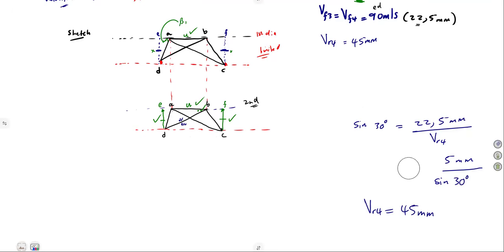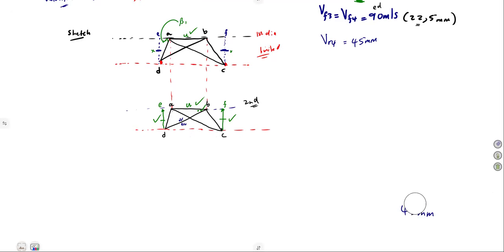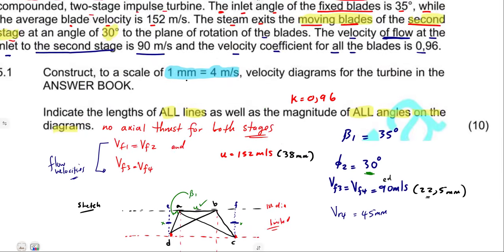With the VR4, we can find VR3. Remember the relationship with the coefficient of friction. Guys, you must know this relationship between VR4 and VR3, and also between VR2 and VR1 and so on.